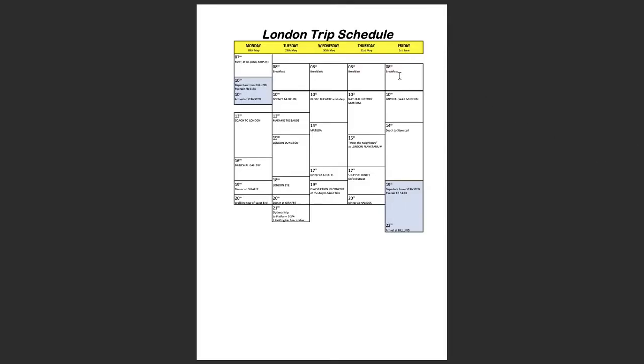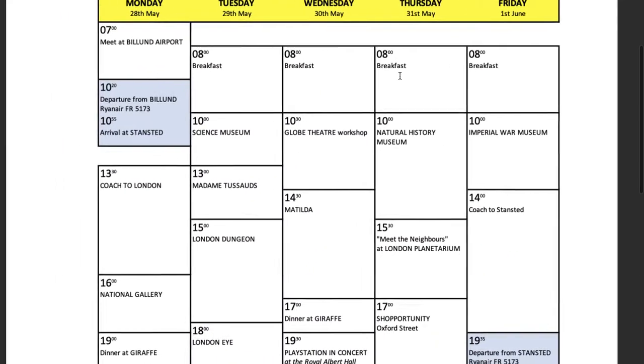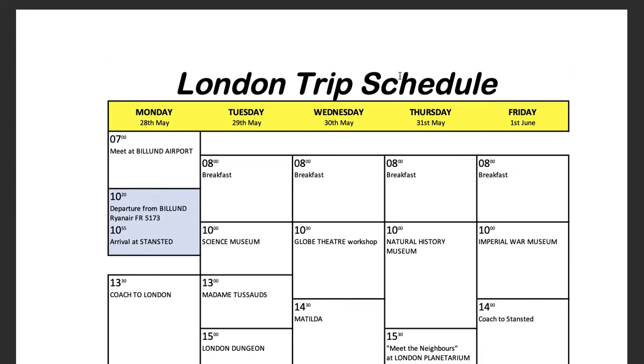Okay, this was the school trip to London. Now, this was the one where the plane back got cancelled, and the last time I went to London with a school trip. So I made this day-to-day schedule on Excel.